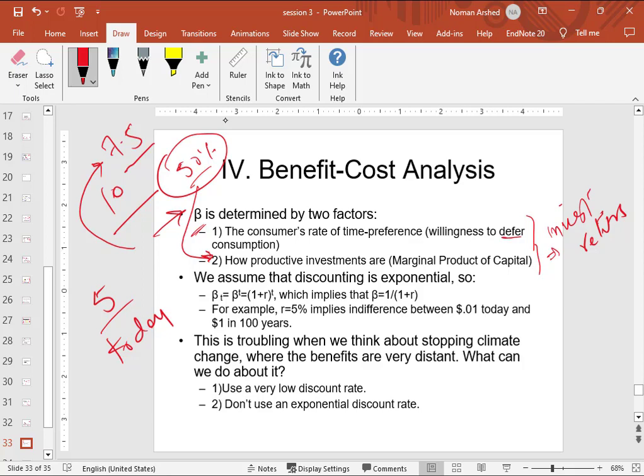I think then we assume that discounting is exponential. उसने कहा डिस्काउंटिंग एक्सपोनेंशियल भी है. इसका मतलब है कि जितना दूर जाओगे फ्यूचर में it will increase the interest rate. And its example is already there.